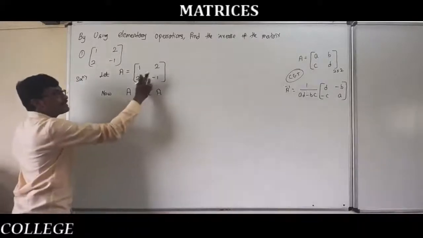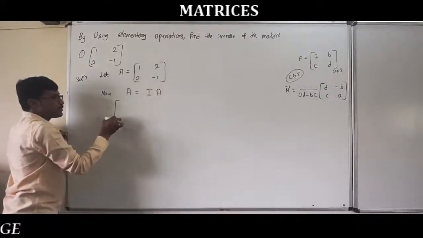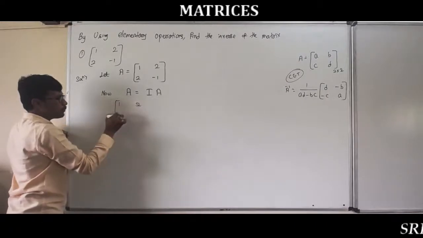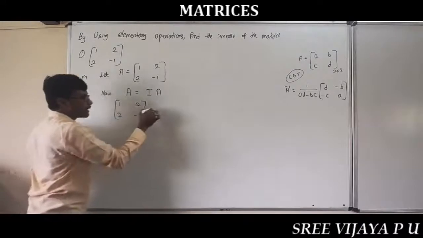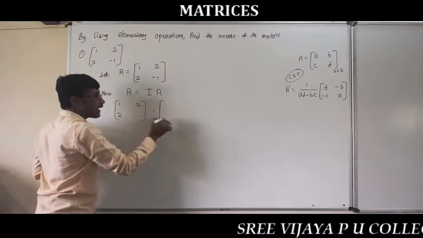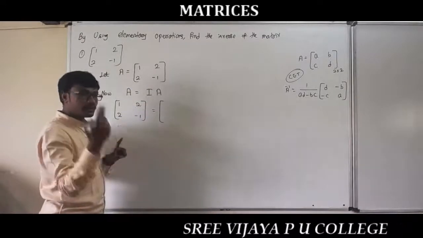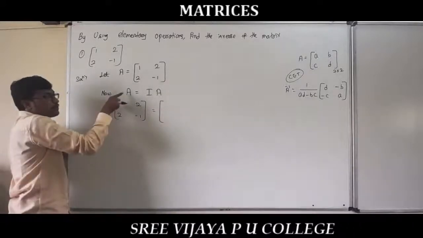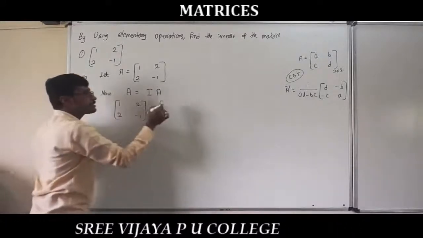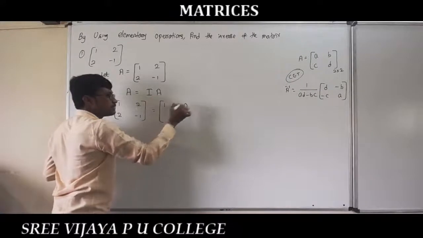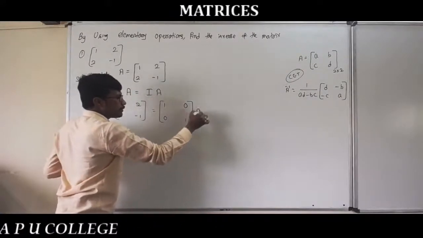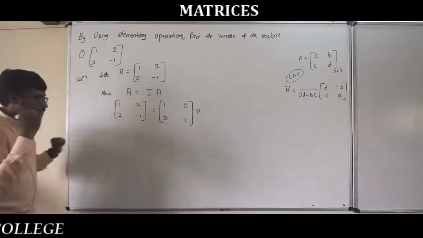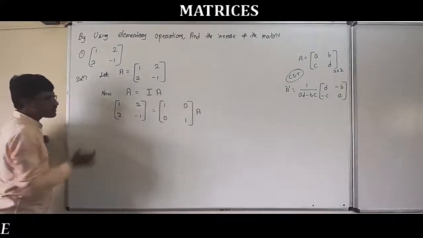Now, what is this A? This is the given matrix, [1, 2; 2, minus 1]. What is this I? Identity matrix. Identity matrices of 2 cross 2 and 3 cross 2 exist, but here A is 2 cross 2, right? So the identity is also 2 cross 2: [1, 0; 0, 1], into A.